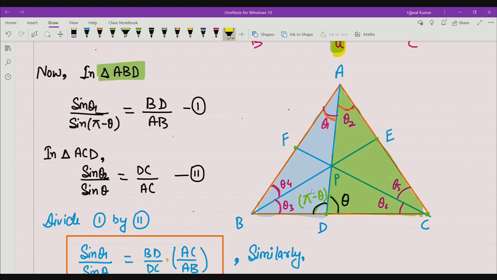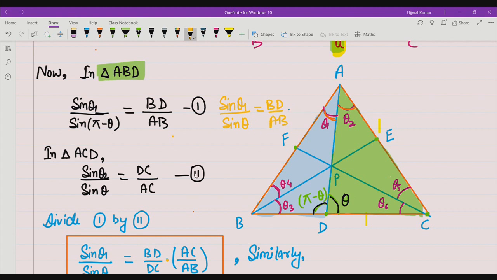Now again observe in the green triangle, sin theta 2 upon sin theta equals CD upon AC. And we know that sin (pi minus theta) is actually sin theta. So this ratio is actually sin theta 1 upon sin theta, which equals BD upon AB.